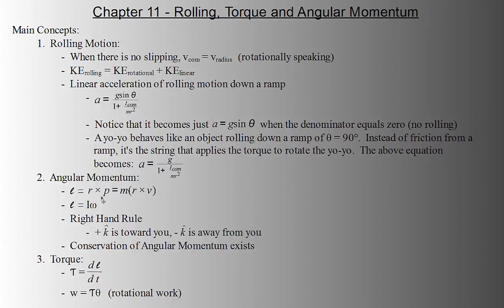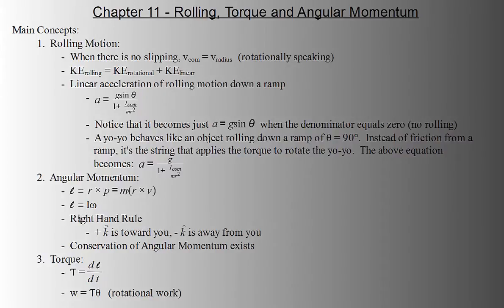Very similar to torque, which I introduced in the last chapter. You can expand momentum to be mass times velocity, but the mass is constant, so you basically pull that out and this becomes r cross v with this extra mass term.